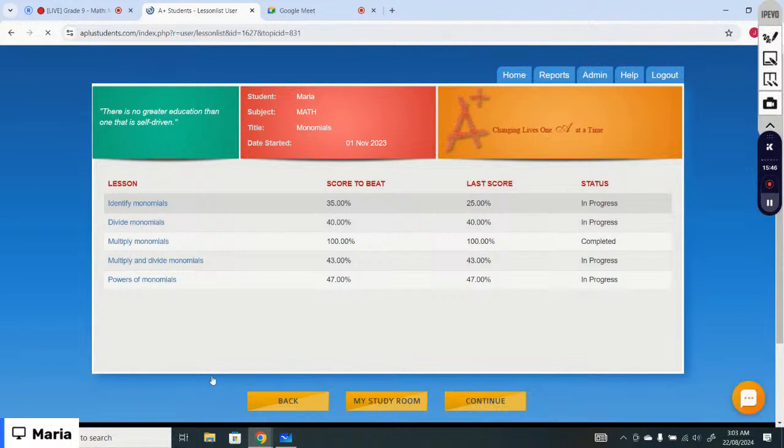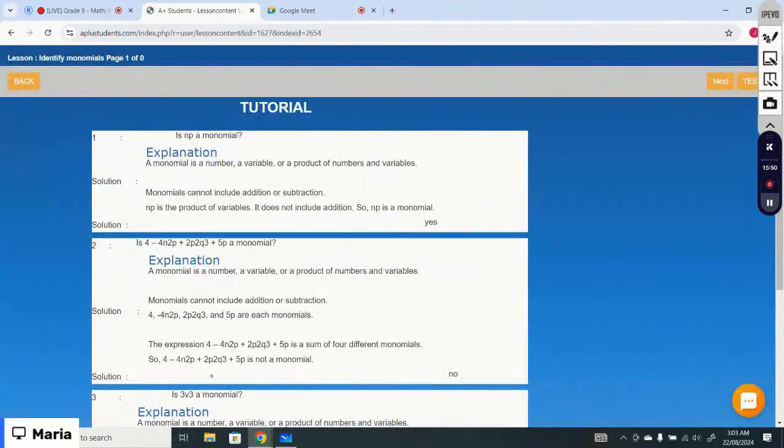Okay, the first one is identify monomials. So the first example is: is np a monomial? A monomial is a number, a variable, or a product of numbers and variables, right?